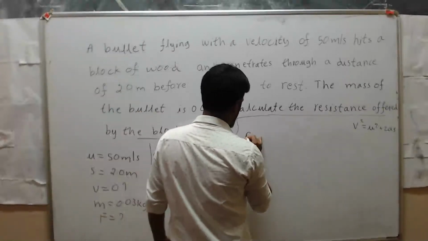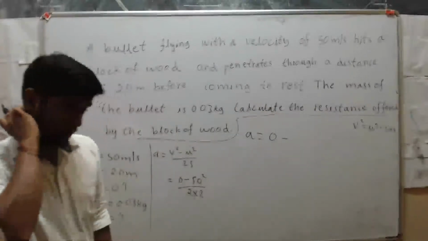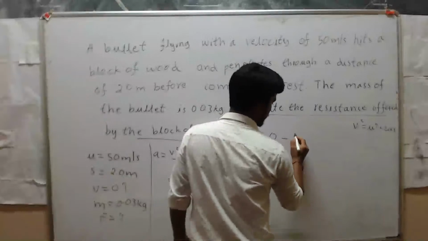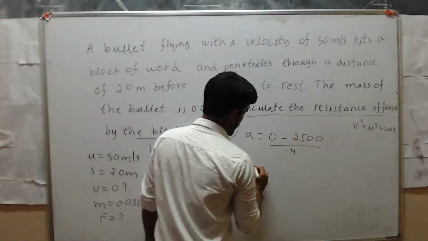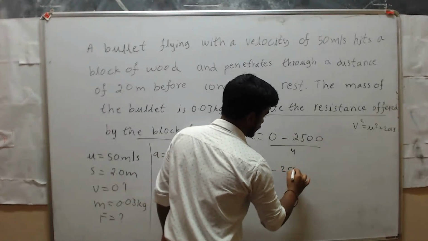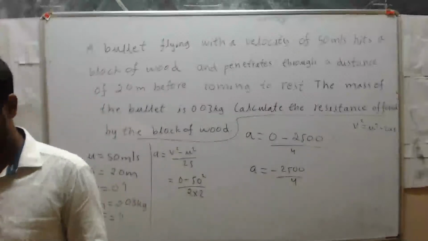So a is equal to 0 minus 50 square. What is the 50 square? That is 2500. Minus 2500 divided by 4. Then a is equal to minus 2400 divided by 4. So what is the answer?